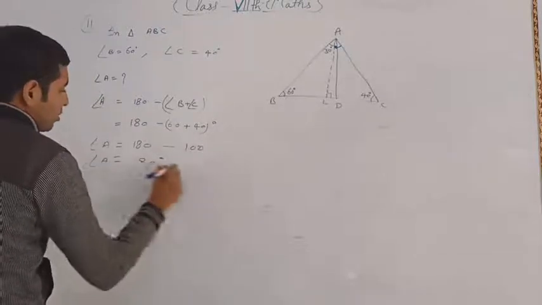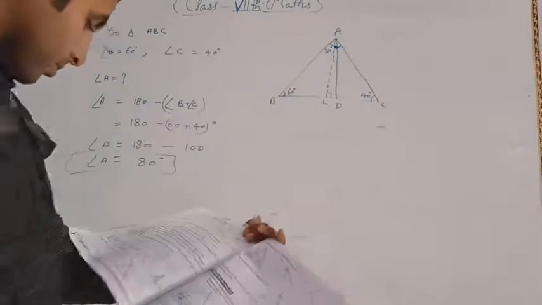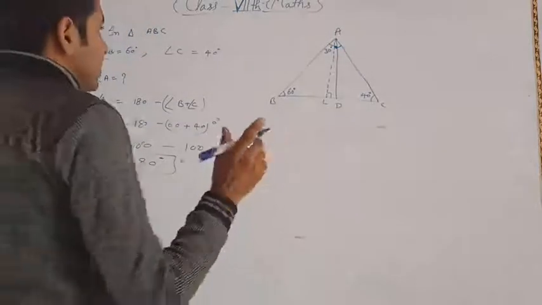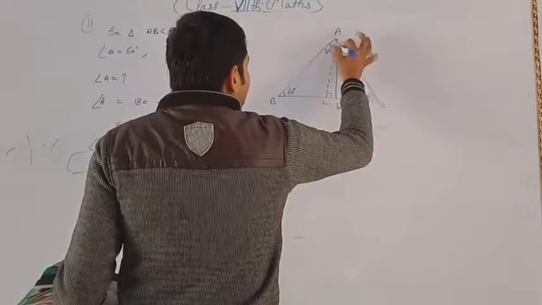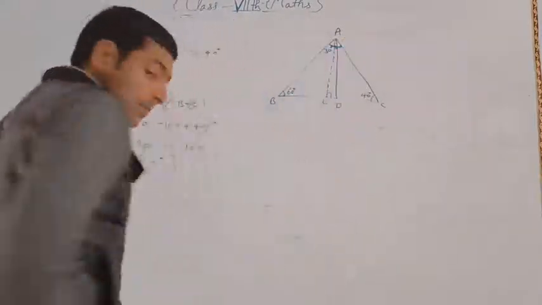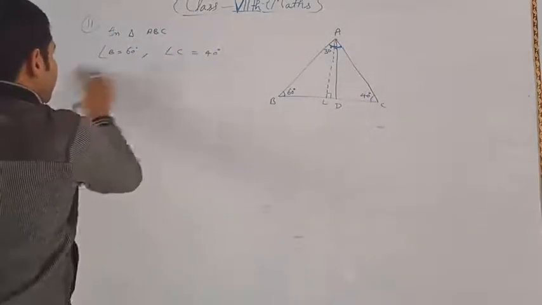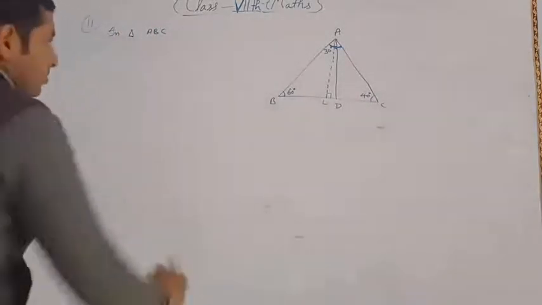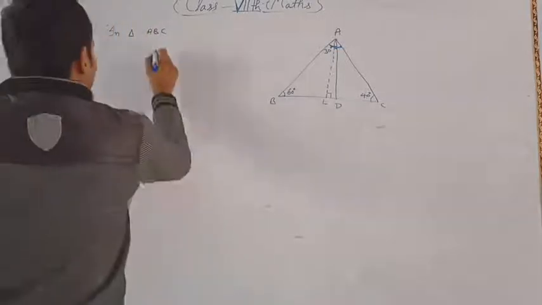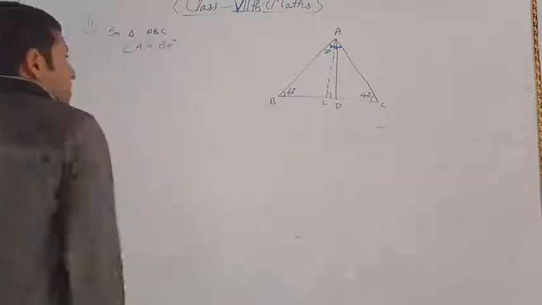So angle A is equal to 80 degrees. Now it is clear that the whole angle A is equal to 80 degrees.